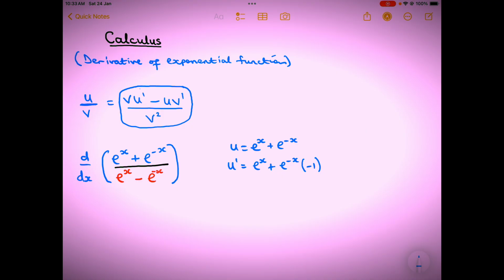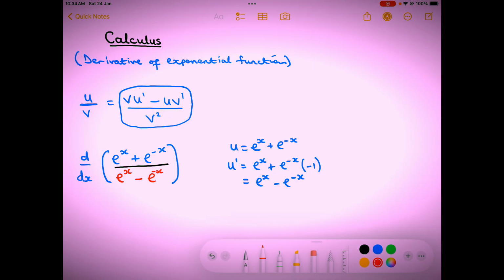You write the function as it is, then you differentiate the top part, then you multiply it to the function that you've written, and after that you multiply everything by the ln of what? Of the e. So this is what I have for the derivative of the function u. Here I can simplify further, and then I will get something like this. So the u prime is giving me e to the power of x minus e to the power of minus x.